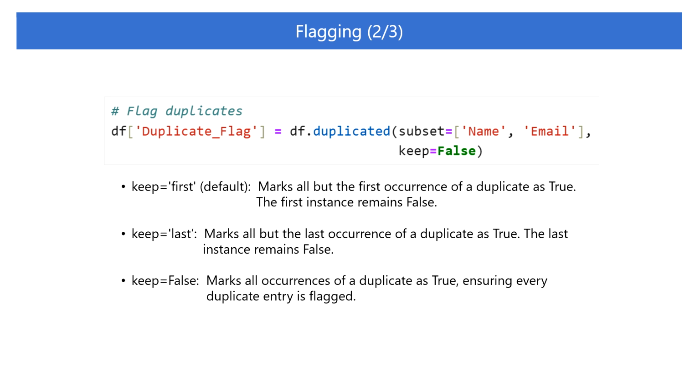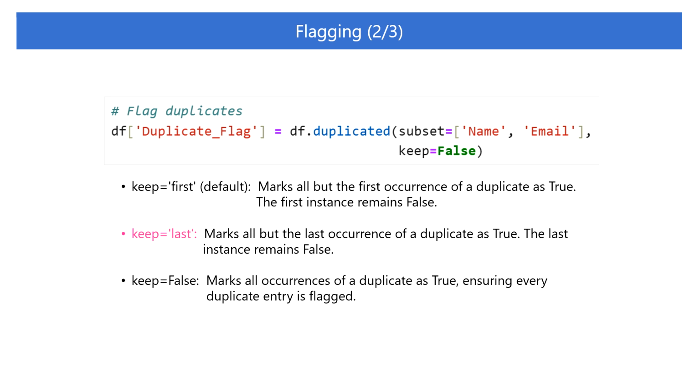The keep parameter controls which occurrences of a duplicated row are marked as true. The default setting of keep is first. In this setting, it marks all but the first occurrence of a duplicate as true, and the first instance remains false.